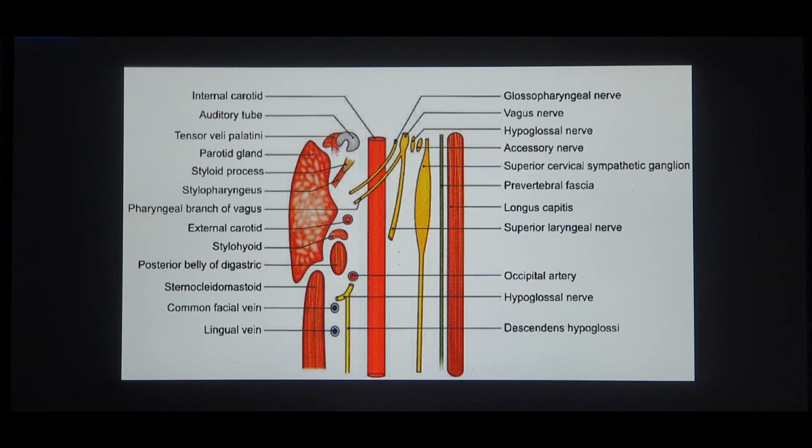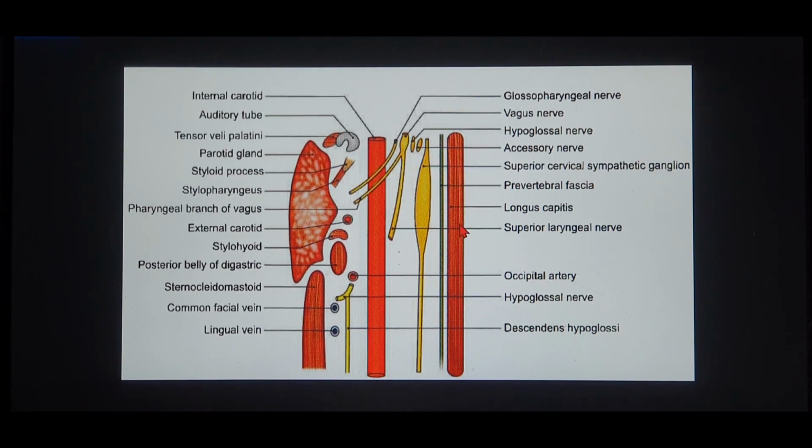So remember, in short, the anterior relationships are the parotid gland, the digastric muscle, the external carotid artery, the stylohyoid muscle, the posterior belly of digastric, the sternocleidomastoid. So basically, all these structures which you see in the front are the anterior relations. All these structures which you see in the posterior aspect are the posterior relations.